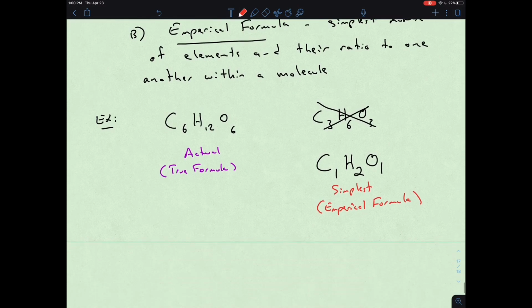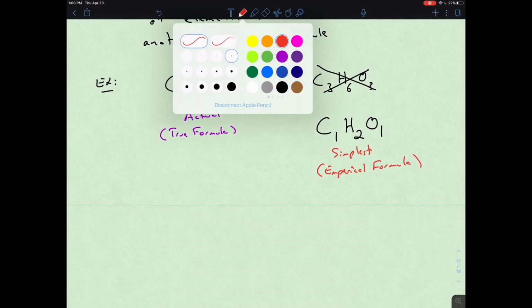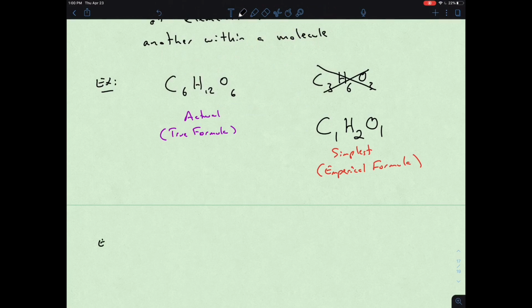Let's look at another example here of using molecular formula as a conversion.